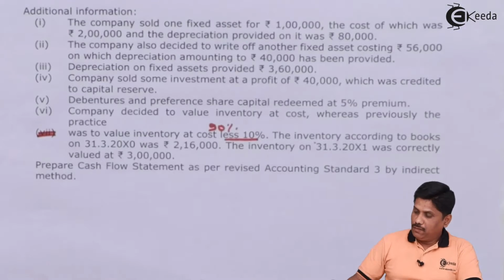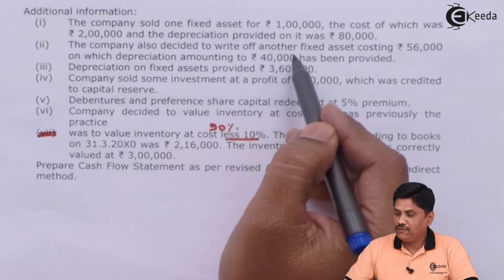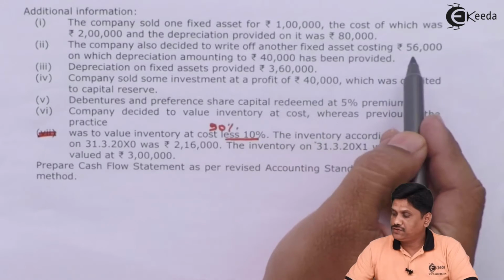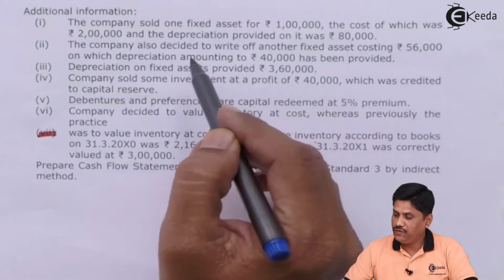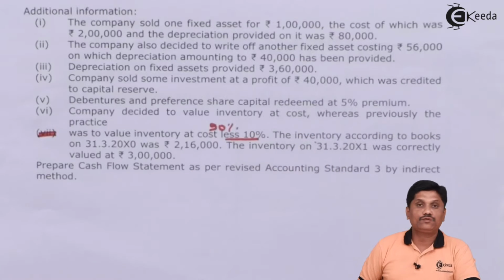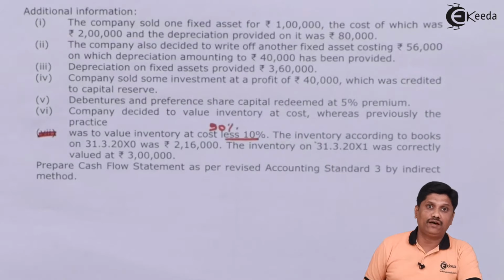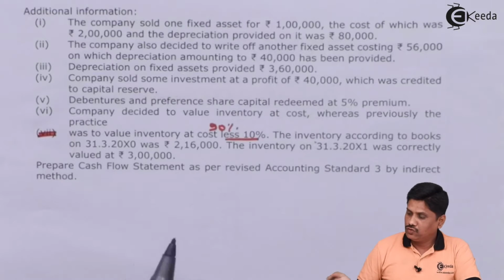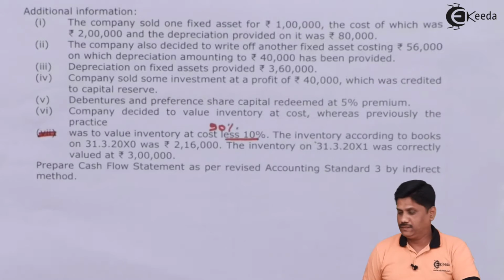Next they are saying company also decided to write off another fixed asset costing rupees 56,000 on which depreciation amounted to rupees 40,000 has been provided. तो एक asset है जो हम लोगों ने स्क्रैप किया. क्या किया है? स्क्रैप किया है. तो इसका भी हम लोग अकाउंट बना देंगे.